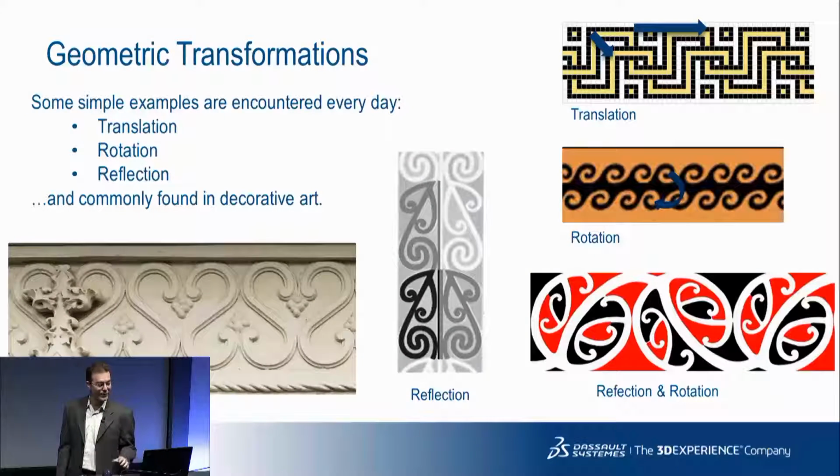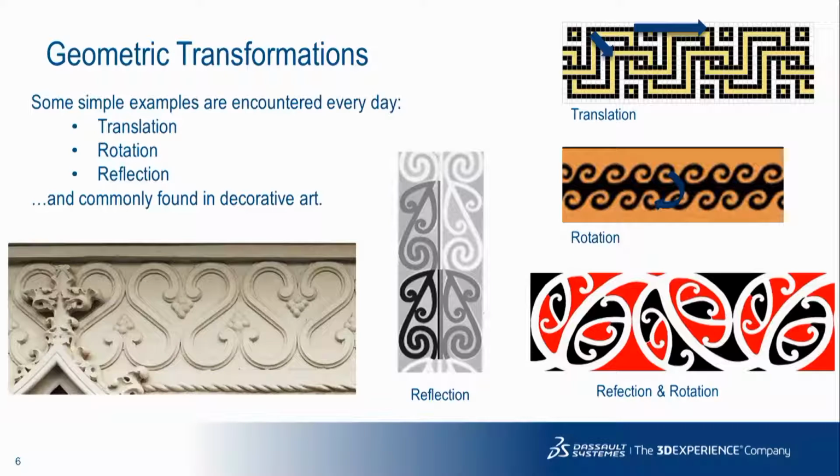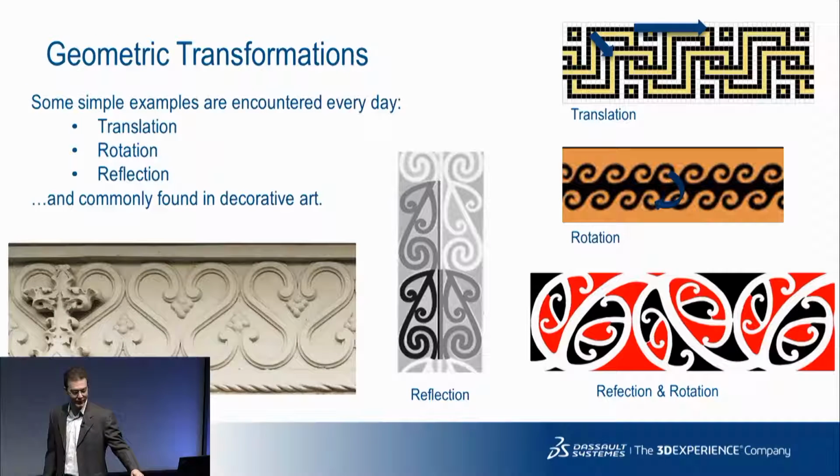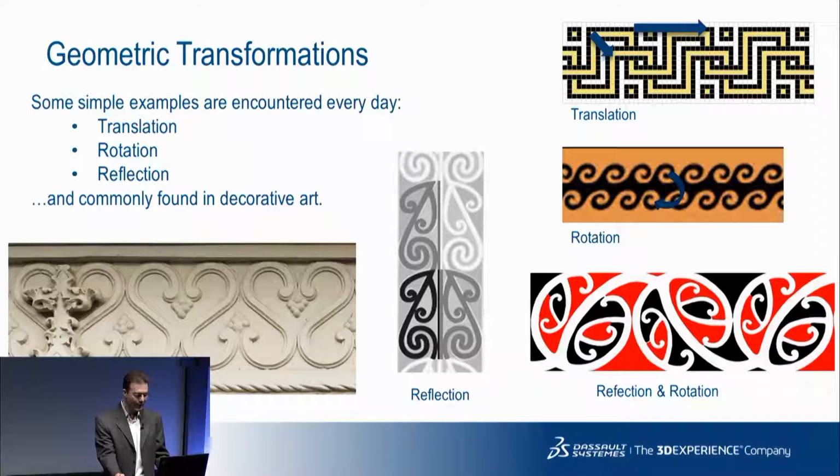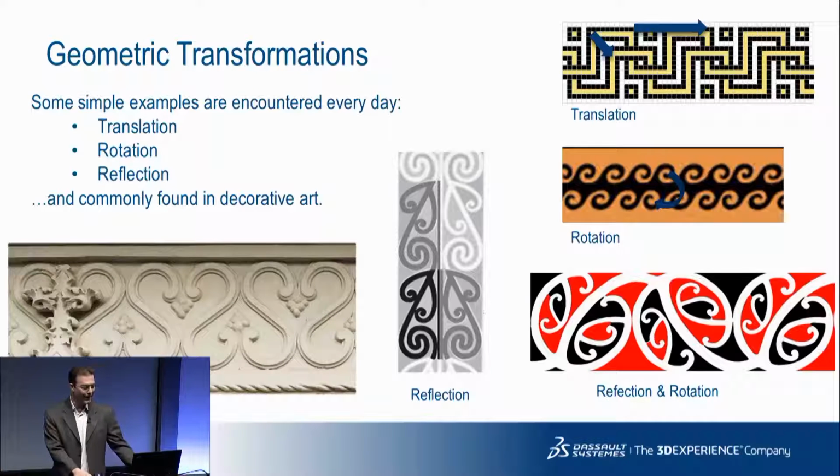Now, you can see geometric transformations quite frequently in decorative arts, right? You encounter this all over the place. You see motifs being translated and repeated to decorate the borders of images. You see rotations. Sometimes they're slightly hidden, but if you think about it, you can see a rotation such as this, where the upper image is rotated to give the lower.